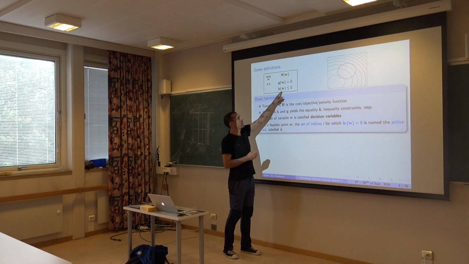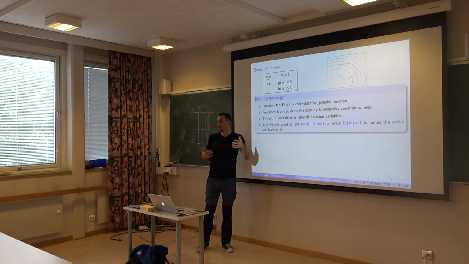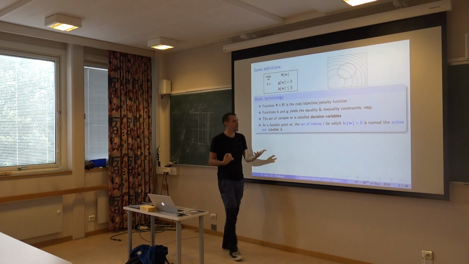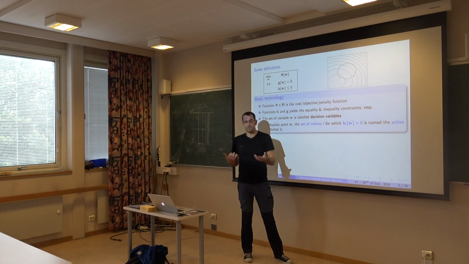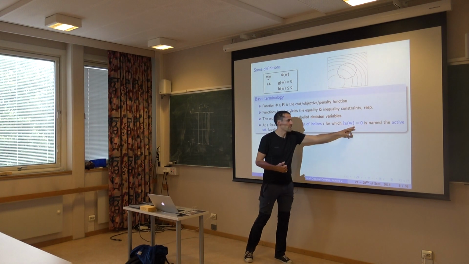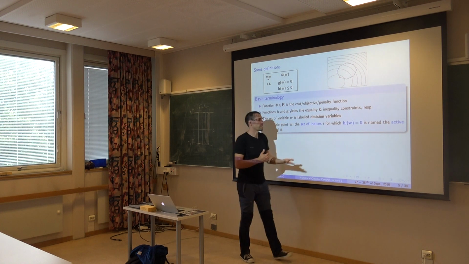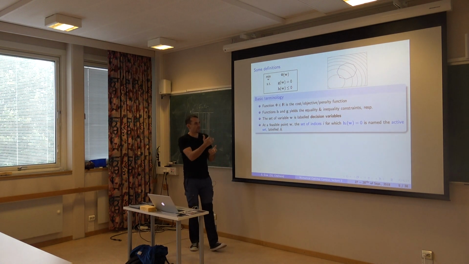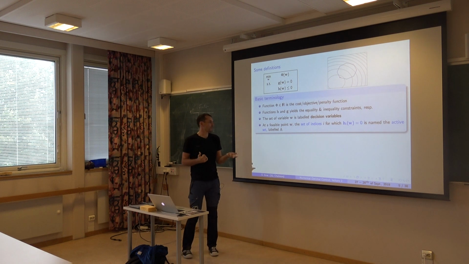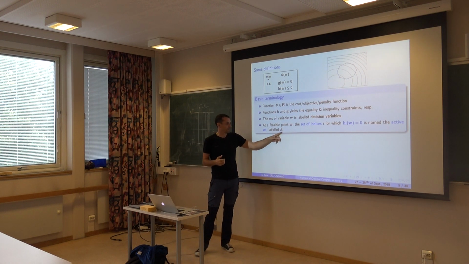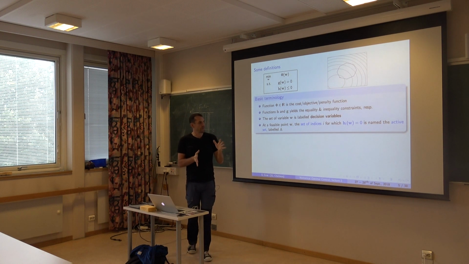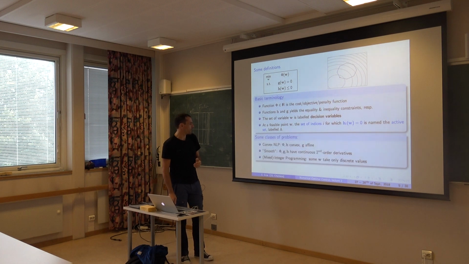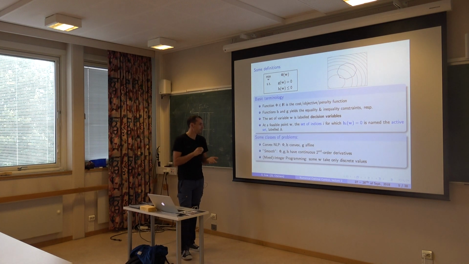If some of the h are less than 0, we call them inside the feasible domain, and we call the corresponding constraint not active. And if one of the h's is meeting the 0, we call it active. If you collect the set of all the active constraints, we call that the active set. I'll use this strange A to note that. And I'll show you at some point that there is a notion in between active and not active, which is actually quite important in a number of contexts.